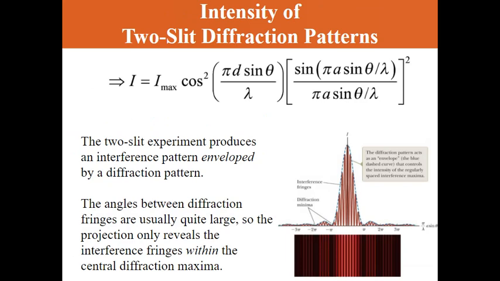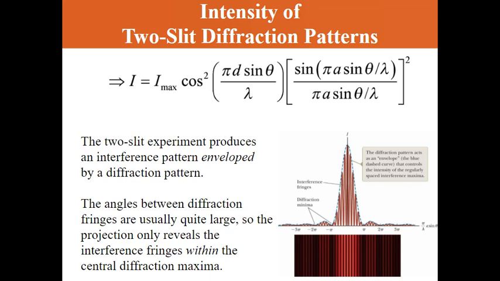So remember the double slit experiment? What were we seeing back then? It turns out that when you cast light through two slits, the pattern that you see is actually an interference pattern enveloped by a diffraction pattern. Now, usually this pattern is pretty wide, so you only really get to see the central part of the diffraction pattern on the screen.